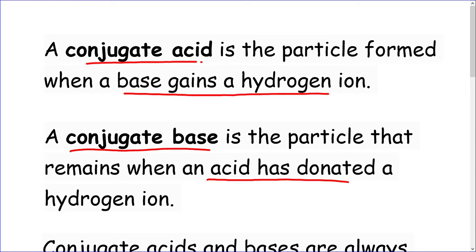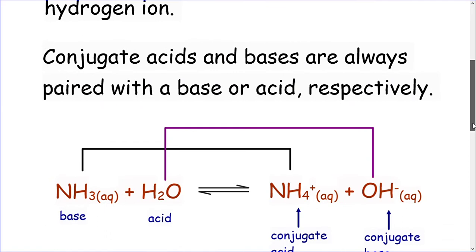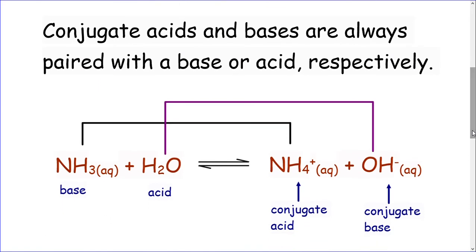If we take a look at what we had so far with our formula, we can see this pattern happening. Conjugate acids and bases are always paired with their base or acid respectively. So if I knew that NH3 was my base, because it's accepting a hydrogen ion, then my conjugate acid is NH4 plus.